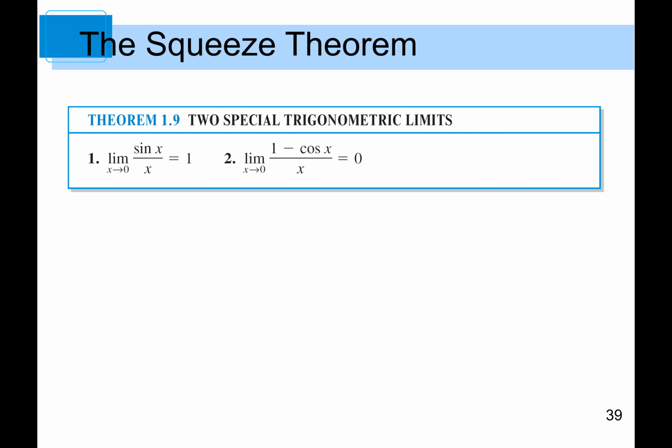Okay, let's take a look at two special trigonometric limits. The limit as x approaches 0 of sine of x over x is 1. Okay, and the detailed proof will be done later using L'Hopital's rule.